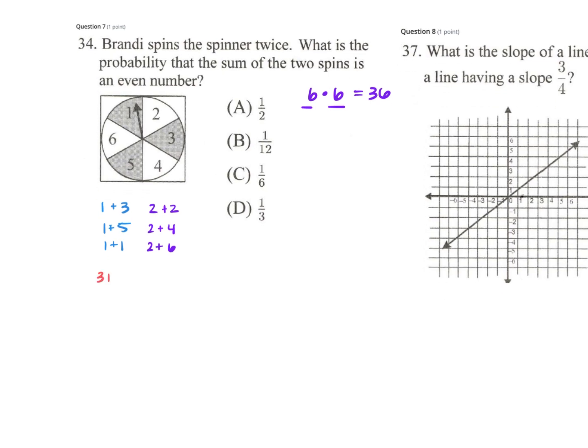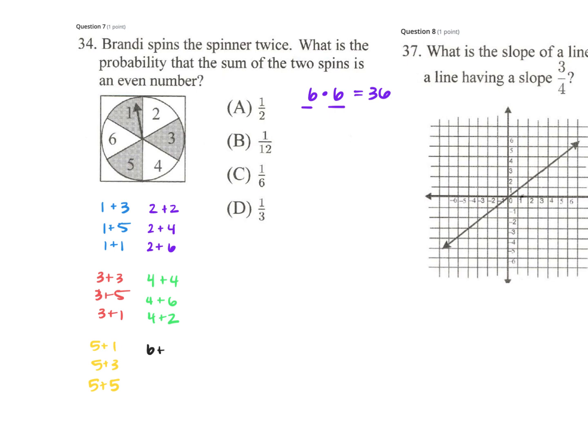Okay, I'm going to continue to list out the possibilities for the other first spin. So if I start with a 3, 3 plus 3, 3 plus 5, and 3 plus 1 would give me a total that's even. For landing on a 4 the first spin, 4 plus 4, 4 plus 6, and 4 plus 2 would give me even numbers. Landing on a 5 first, I would either need to land on 1, 3, or 5 for my second spin for them all to add up to an even number.